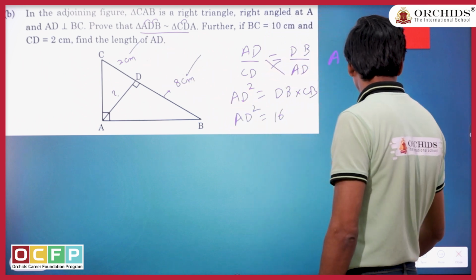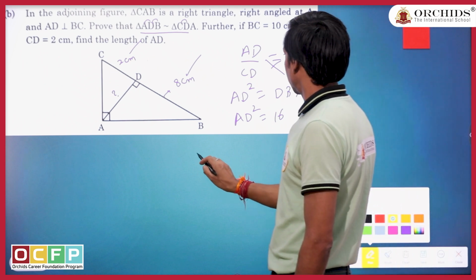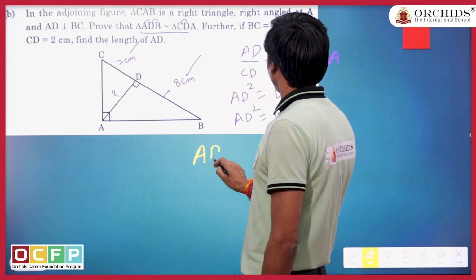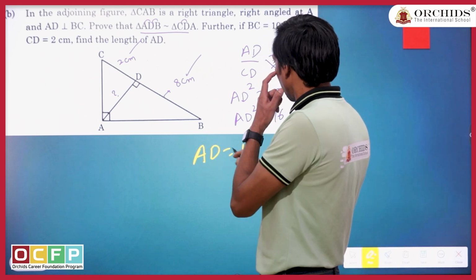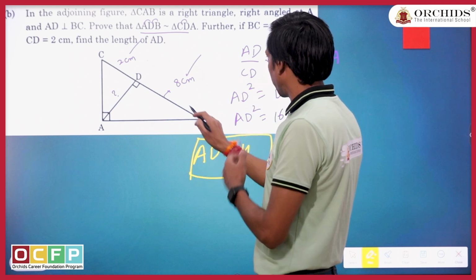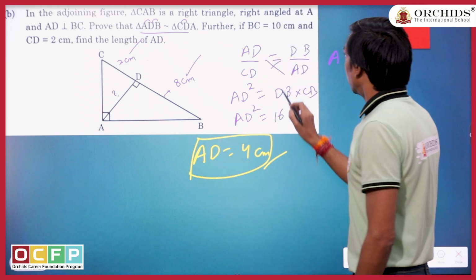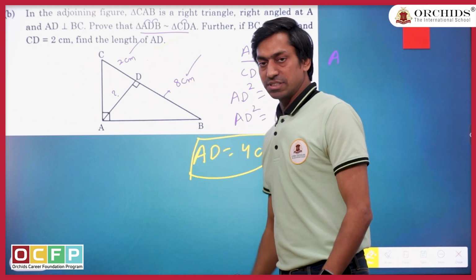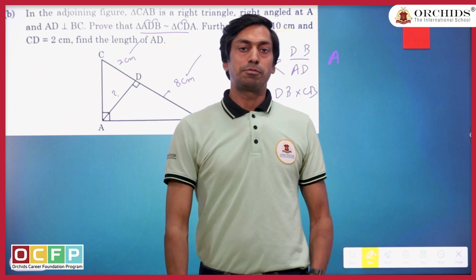So the required length AD is equal to square root of 16, which is plus minus 4, but length we have to take positive, so 4 centimeters is the required answer for this missing length.